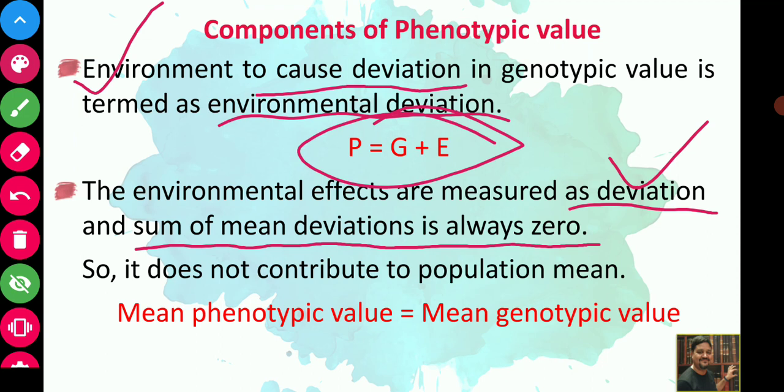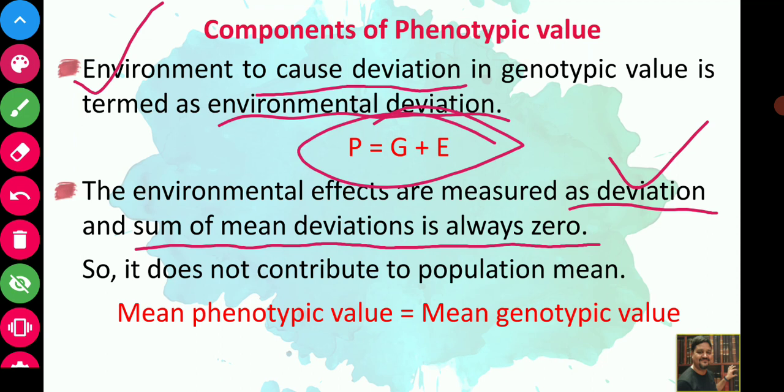Just try to remember the absolute mean deviation class. When in statistics I was discussing the absolute mean deviation, I had discussed that whenever you are taking the mean of deviation, then the sum of the mean of deviation will always be 0. So that is why the sum of the mean of environmental deviation will be 0.